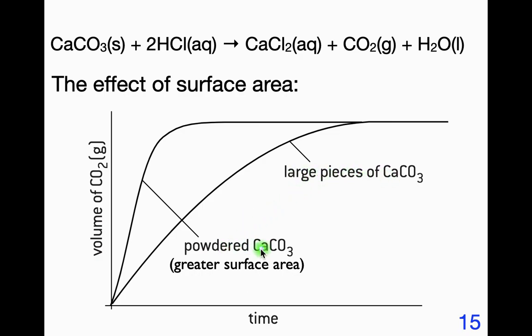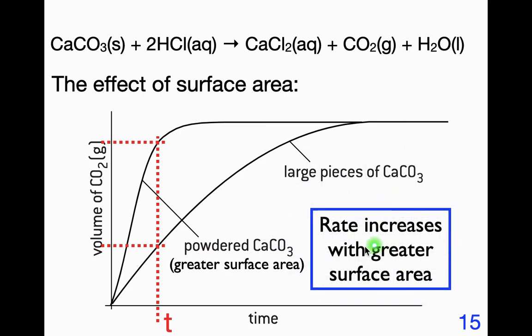So you can see the powdered, at the time t, produces more carbon dioxide gas than the larger pieces. So if you wanted something to react more quickly, you would grind it up to smaller pieces. So rate increases with greater surface area.